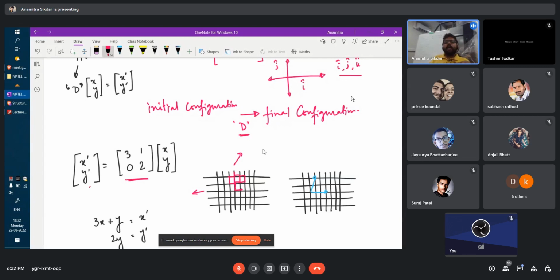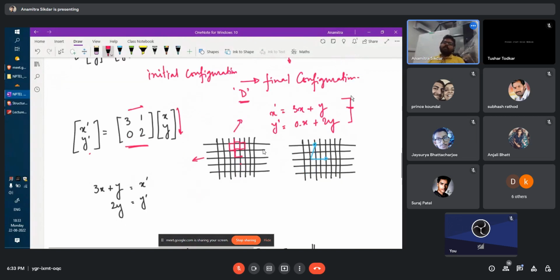And how to get that? x dash will be a simple matrix multiplication: 3x plus y, and y dash will be 0 times x plus 2y. So for any coordinate on this point, if we want to know what happened to it after deformation, we will get the information from these two equations.